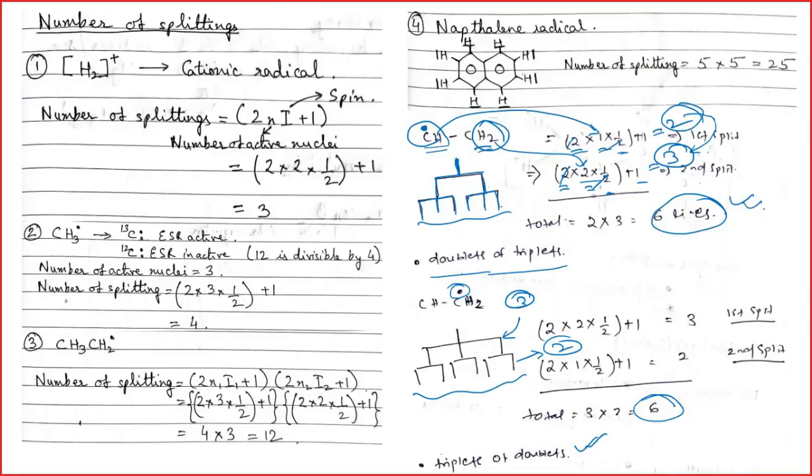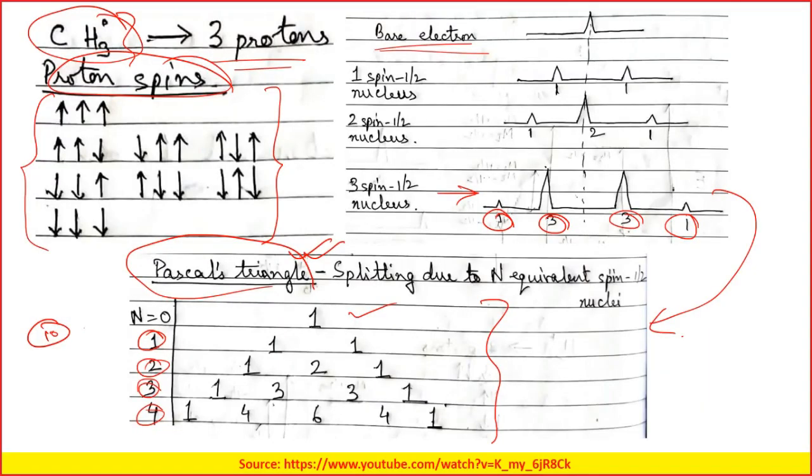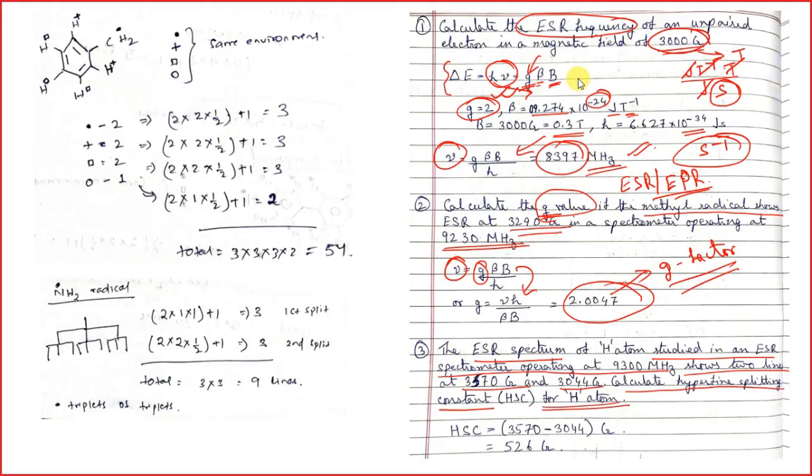If you look over here, as I have told, the hyperfine splitting constant is given by the distance between the two splittings, right? Now, in this case, you are given two splittings at two positions, 3570 and 3044 Gauss, for a particular hydrogen atom. Your hyperfine splitting constant is nothing but you have to just subtract these and you would get the hyperfine splitting constant. Okay.